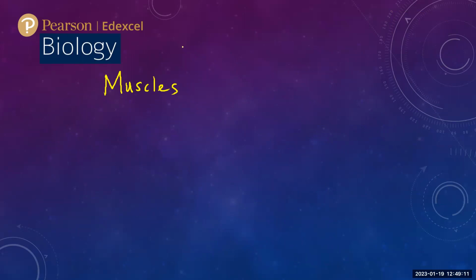And these muscles we consider as skeletal muscles, because there are other types of muscles. So we consider muscles which are attached to the bones of the skeletal system as skeletal muscles.